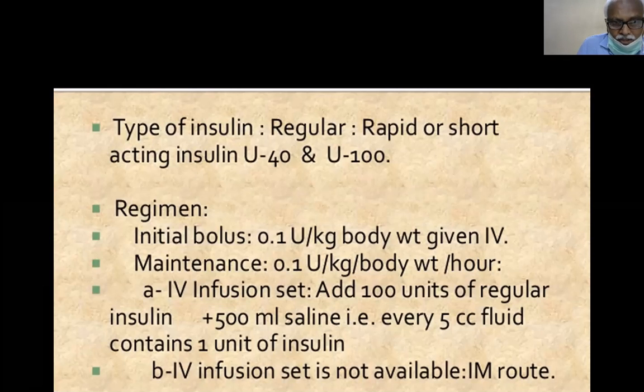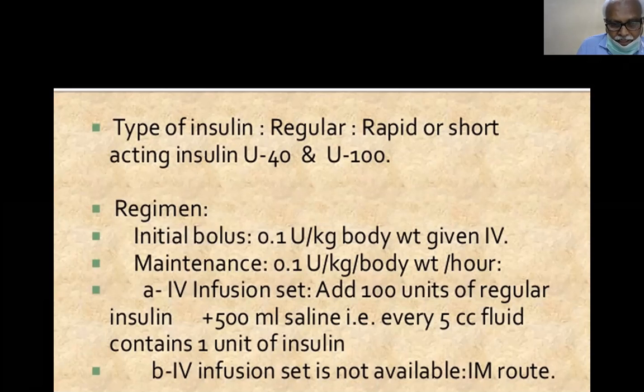Regime is an initial bolus of 0.1 unit per kg body weight IV. Maintenance is 0.1 unit per kg body weight per hour. An IV infusion set can be used, or we can add 1000 units of regular insulin to 500 ml of saline. Every 5 cc of fluid contains 1 unit of insulin.